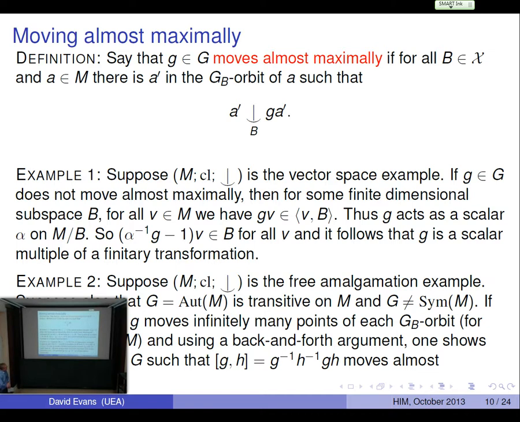You can't a priori guarantee that g moves almost maximally, but by taking a commutator in this way, you can guarantee that that commutator moves almost maximally. Note that the commutator here is a conjugate of g times g inverse.